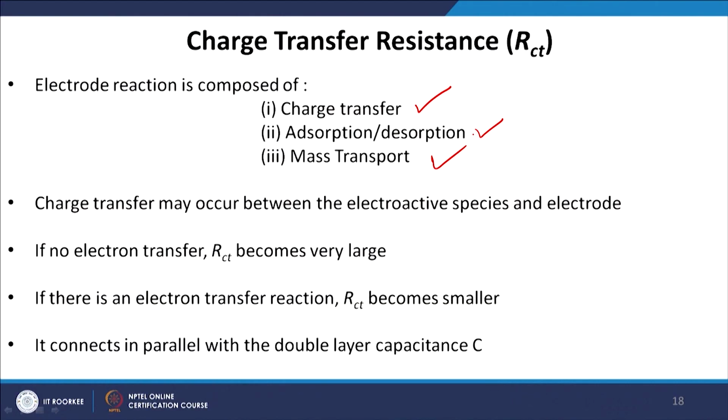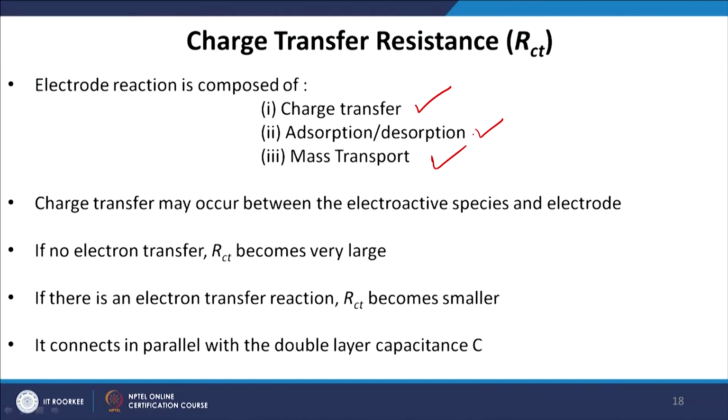Charge transfer may occur between the electroactive species and the electrode. For example, if I take a platinum electrode and dip it in some kind of charged electrolyte solution, there can be a charge transfer between the electrode and the electroactive species. If there is no electron transfer, RCT becomes very large.